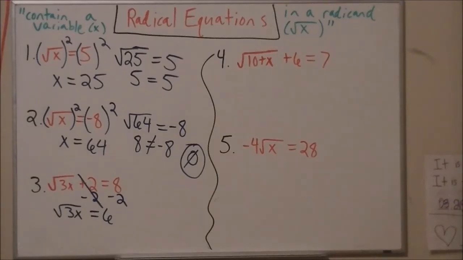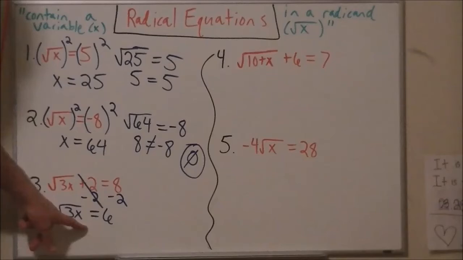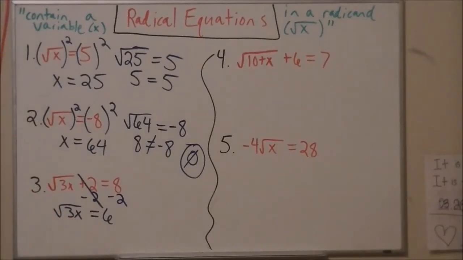Now I have a one-step equation, and technically it's two steps, but it looks more like what our one-step equations typically are. And how do I get rid of the square root of 3x? How do I get rid of the square root? I have to do the opposite operation. What's the opposite of taking the square root of something?